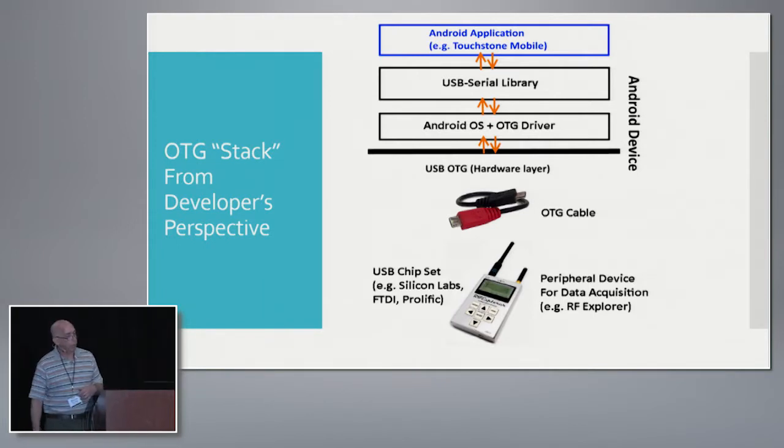So down at the bottom is a peripheral, the RF Explorer Spectrum Analyzer, and it has a USB connector and a USB chip, and the most common ones are manufactured by Silicon Labs or FTDI. But it has a USB connection, and the way that you connect it to an Android device is through an OTG cable.